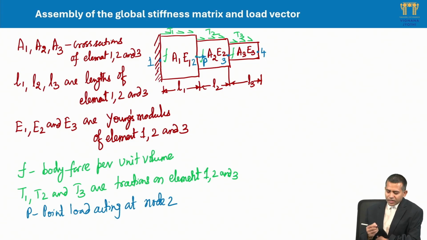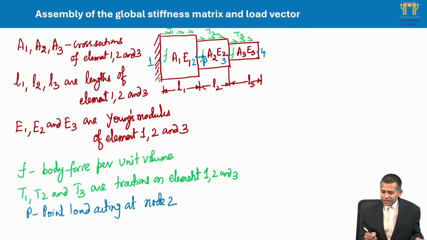Now first I want to know the element stiffness matrix of each element, the element body force of each element, and the element tractions and point load. Wherever the point load is there, it will act. After getting the elemental stiffness matrix, body forces and tractions, we can assemble all together to convert into a global stiffness matrix and global load vector. If you remember, we know the elemental stiffness matrix for a two-noded 1D bar.